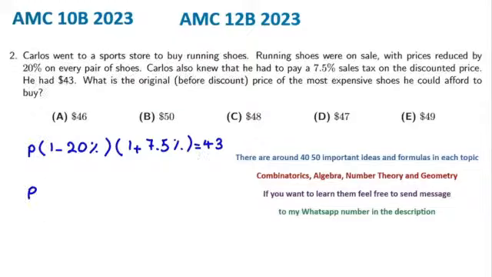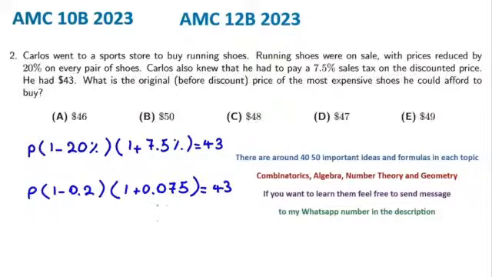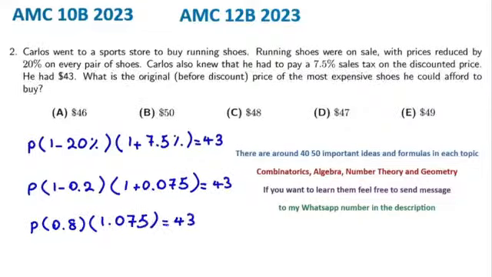Now let's consider 1 minus 20%. You can write it like this: 1 minus 0.2. And 1 plus 7.5%, we should divide 7.5 by 100, so it will be 1 plus 0.075 equals 43. So it will be 1 minus 0.2 is 0.8, and 1 plus 0.075 is 1.075, so P times 0.8 times 1.075 equals 43.